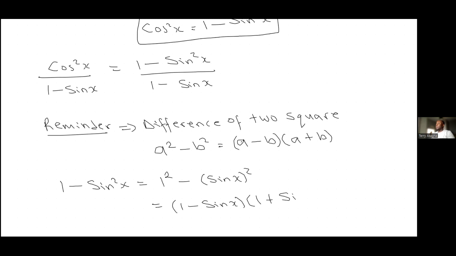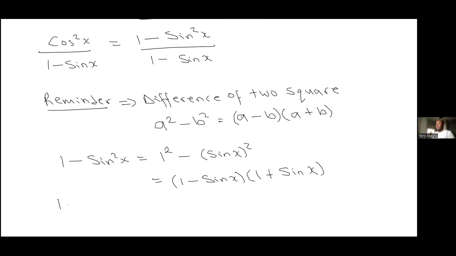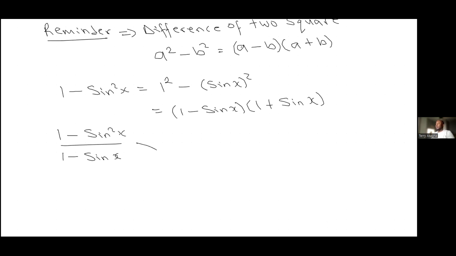Are you seeing it? Because I know this now, I can replace what I had in the beginning. I had 1 minus sine squared x divided by 1 minus sine x. Now the numerator will be 1 minus sine x and 1 plus sine x, divided by 1 minus sine x.